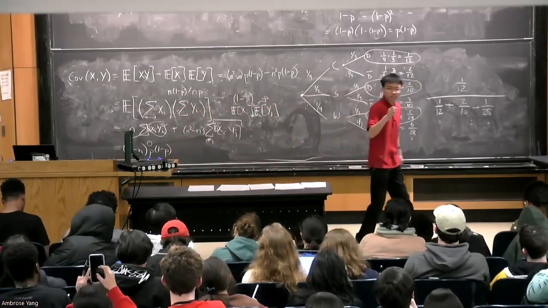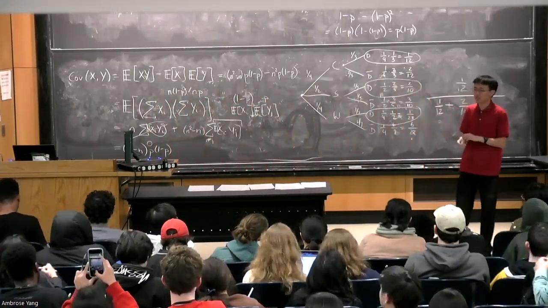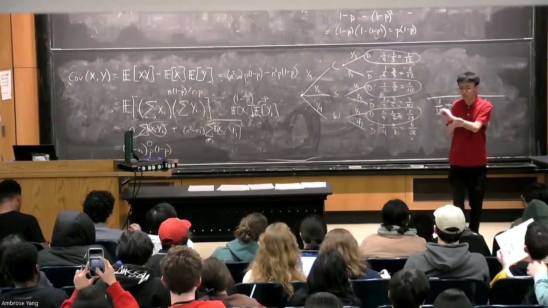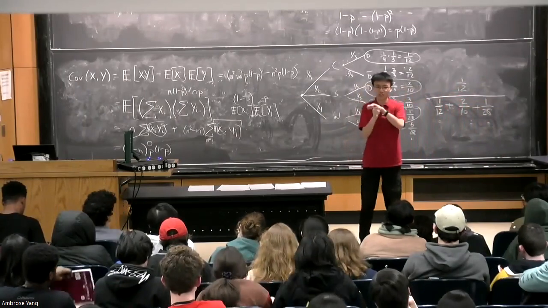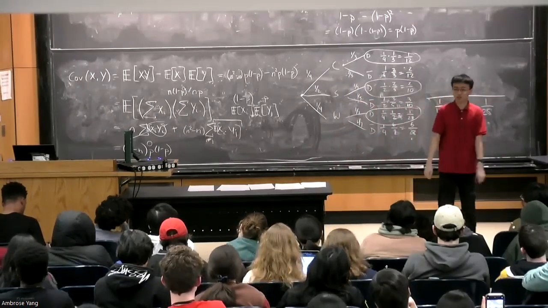I want you to take a step back and appreciate what we've been able to cover. And I want you to realize that in effect, all of these things that we talked about are very simple.